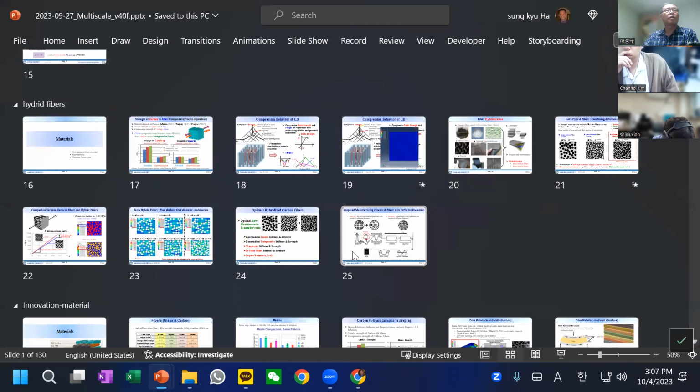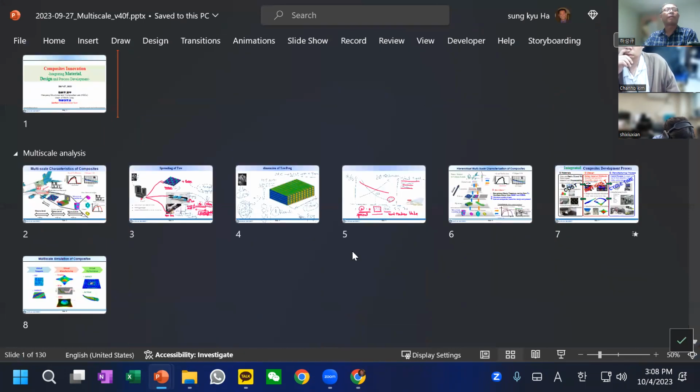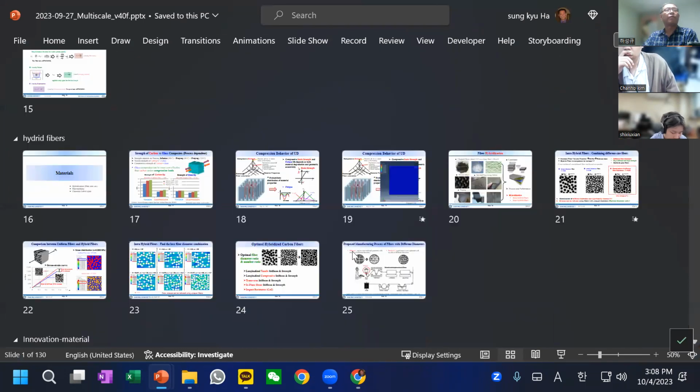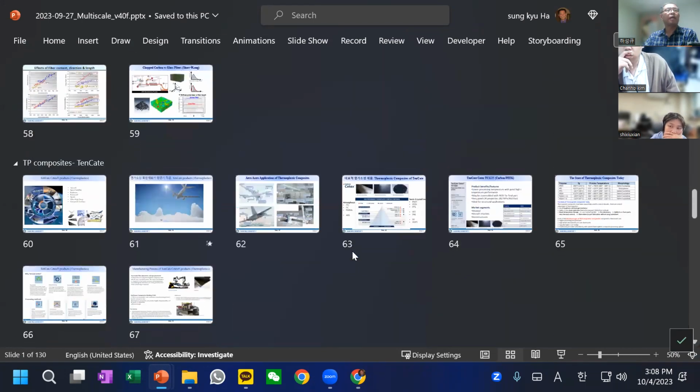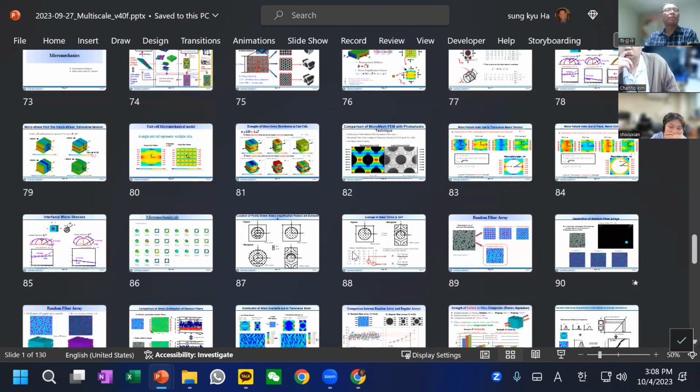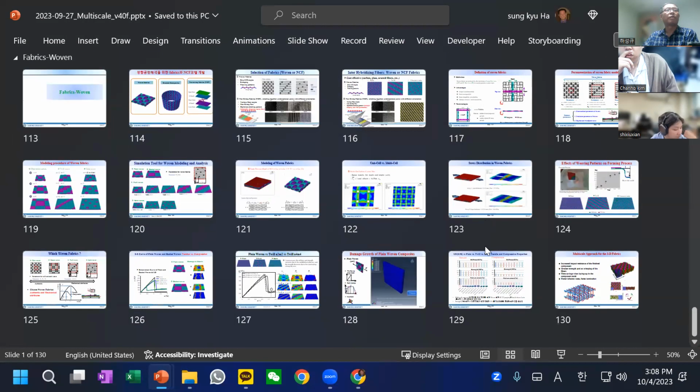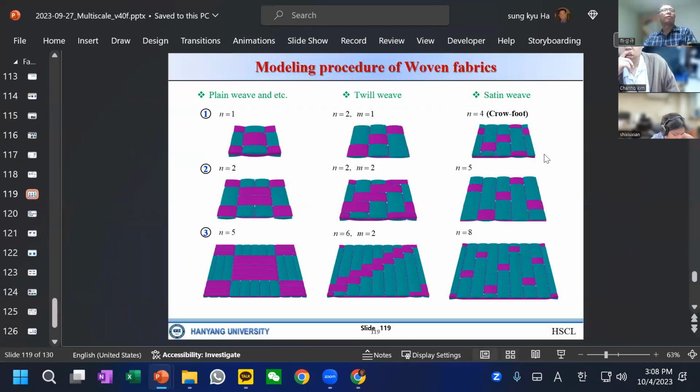One of the interesting views of the woven composite is this modeling procedure of the woven fabrics.